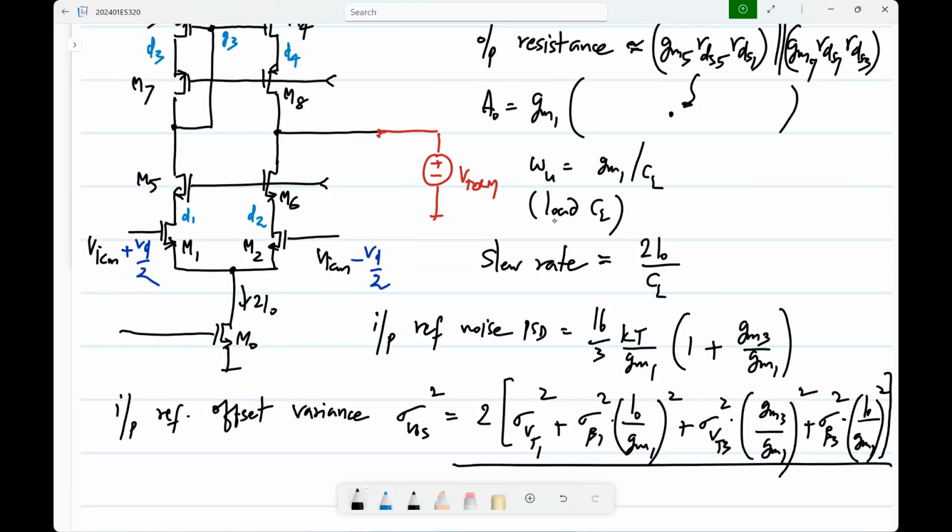Now, one important change is that you will have many more parasitic poles. Earlier, how many did we have? If you think of this as a transconductor, I out by V in, in the simple single stage op amp, how many parasitic poles did we have?